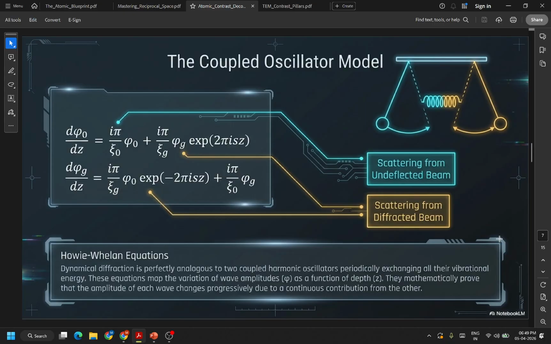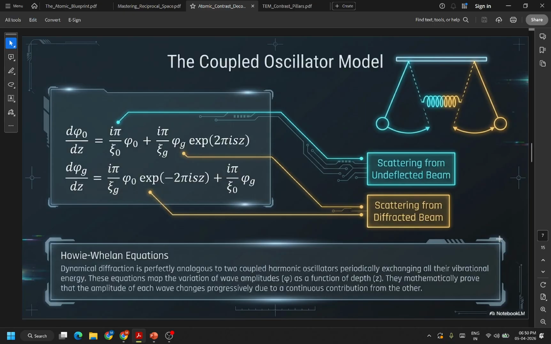And this results in a coupled oscillator model where we have scattering from the undeflected beam as well as scattering from the diffracted beam, and this is defined by the Howie-Whelan equations. Dynamical diffraction is perfectly analogous to two coupled harmonic oscillators periodically exchanging all their vibration energy.